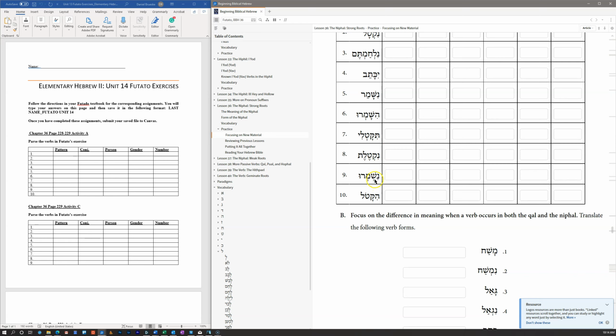All right, number 9, Nishmaru. Okay, this is a pretty straightforward one. We've got a noon hirik prefix, but we've got this shureq suffix. Shureq is never going to occur as a suffix of a 1CP imperfect.